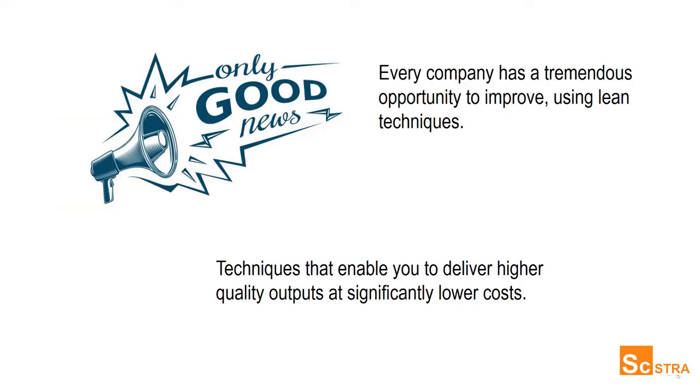So, the good news is, every company has a tremendous opportunity to improve using lean techniques, the techniques that will enable us to deliver higher quality outputs at significantly lower cost.